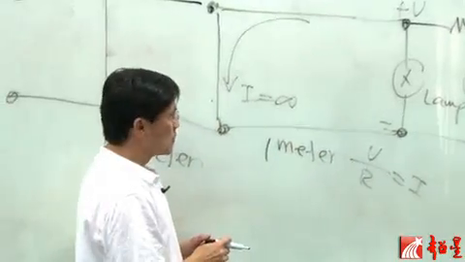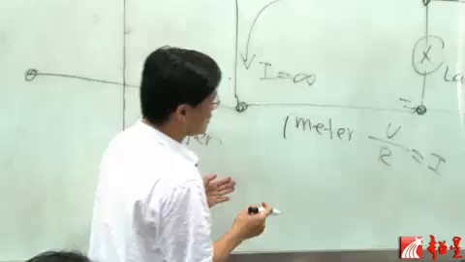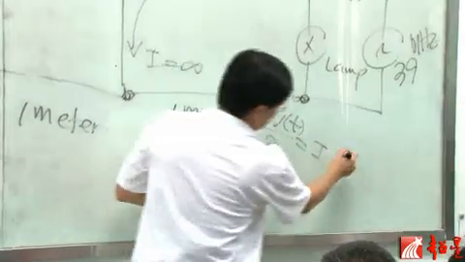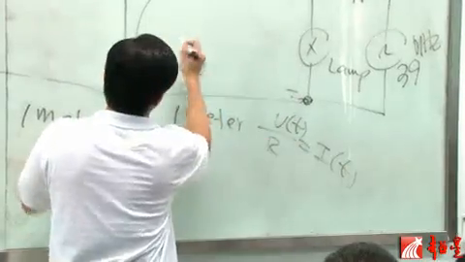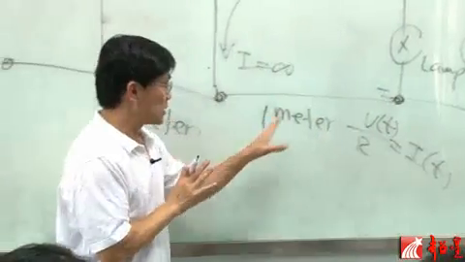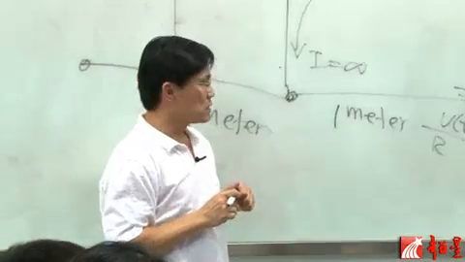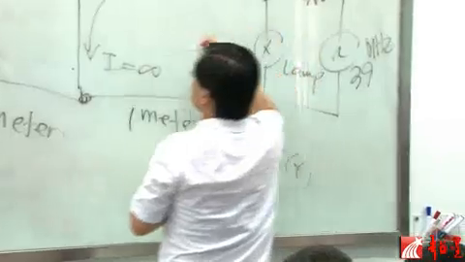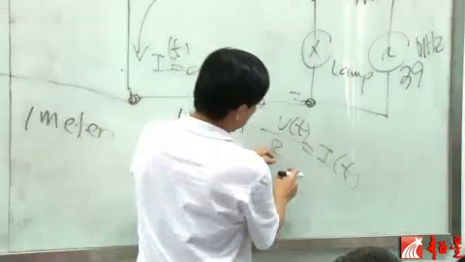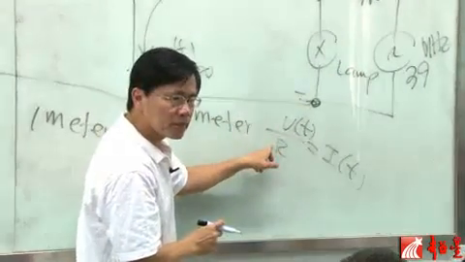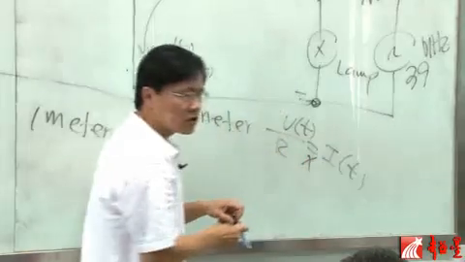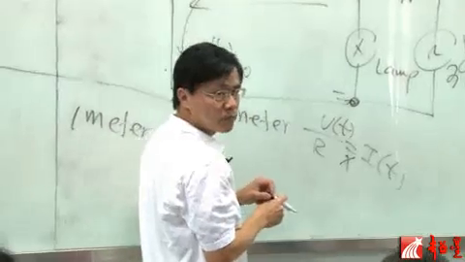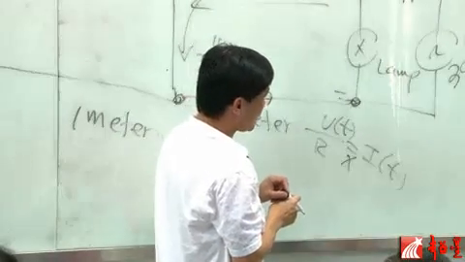And that does not apply anymore because V of t at time t here and this time t here are not associated with that Ohm's law. This equation does not apply because there's a time delay between these two.